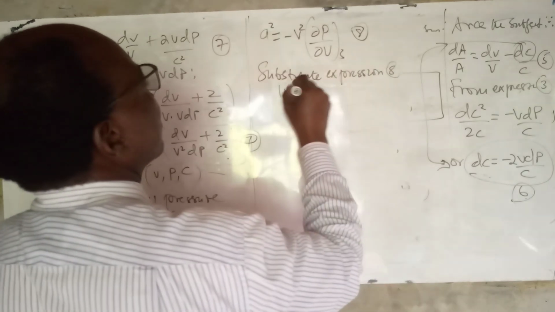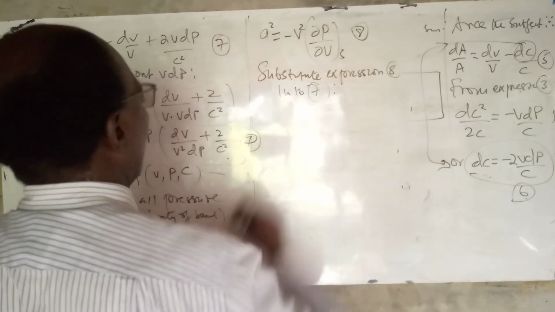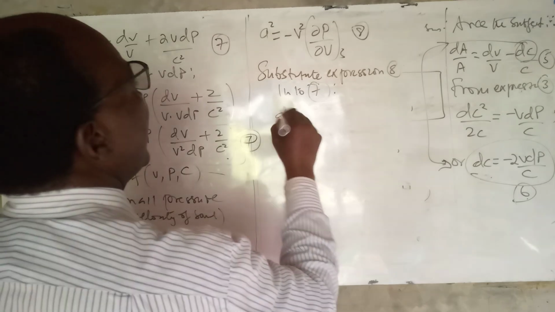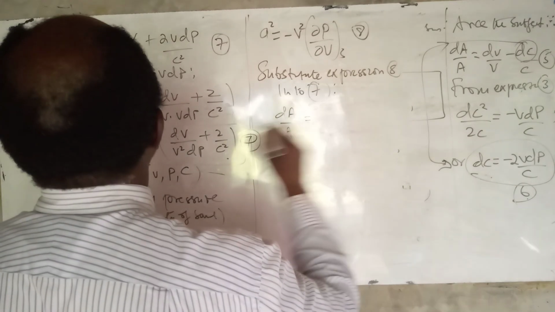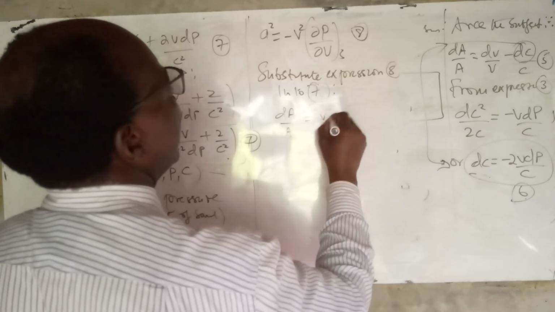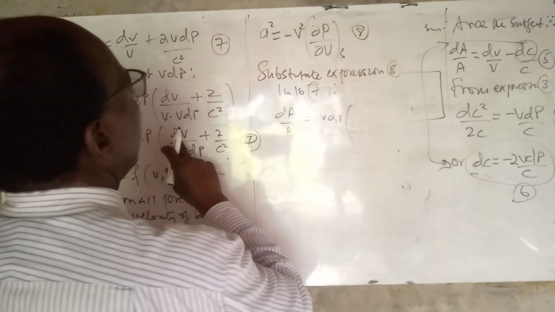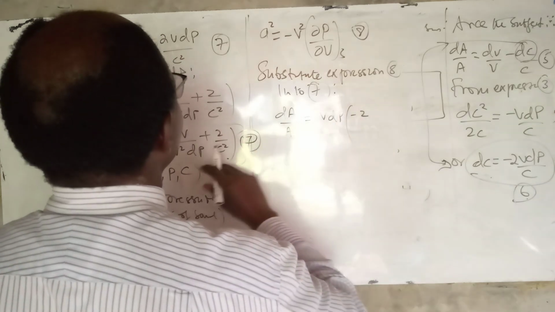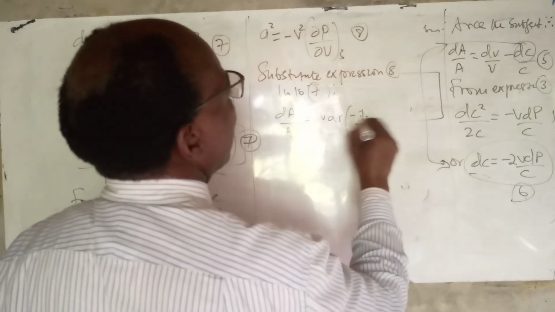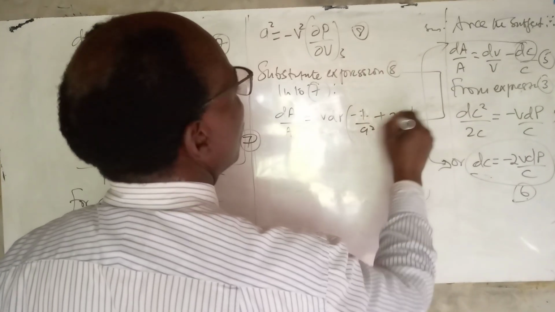If you substitute expression 8 into 7, what do we get? We get dA over A is equal to V dP into minus 1 over A squared plus 2 over C squared.